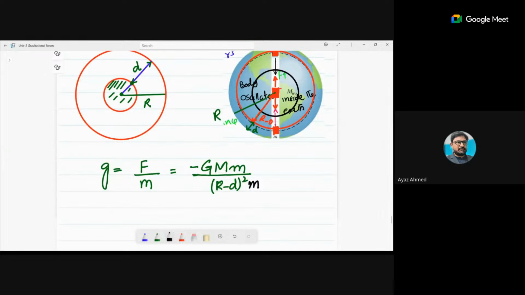Okay, so from here you can cut these m's, and now you can find the value of g for you. That is g m, actually this is the new mass, so I'm just going to give a prime, divided by (r minus d) whole square.